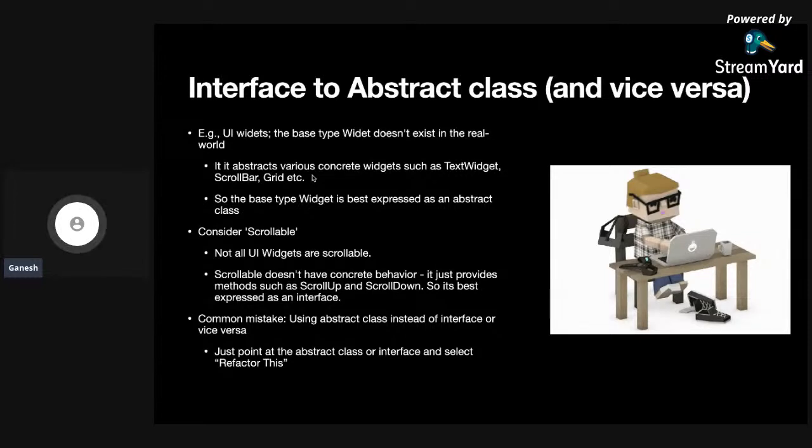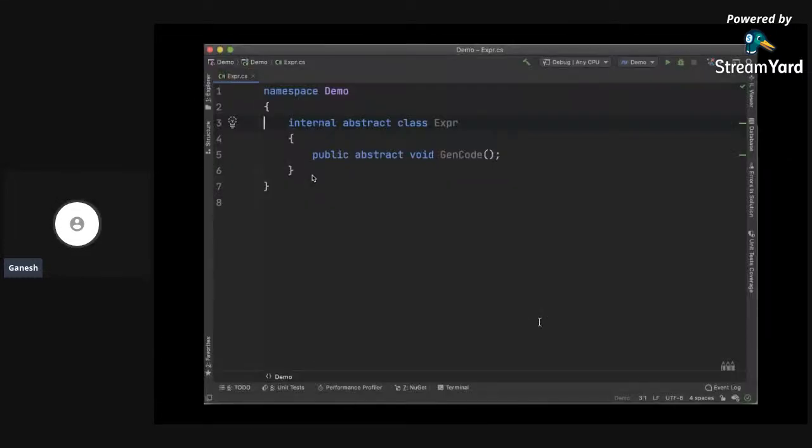We cannot use them interchangeably, but we can see that it often happens in the real world. When you want to convert an abstract class to an interface and vice versa, what you need to do is just point at it and select refactor this. In that case, this conversion becomes very easy. This is a trivial example. Let's say you have an abstract class called expr and we have an abstract method gencode in it.